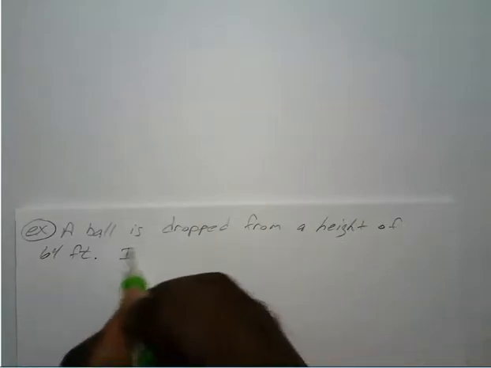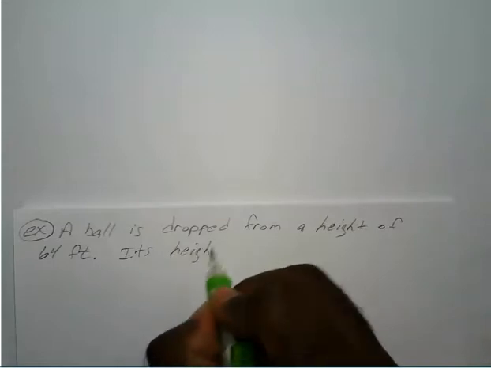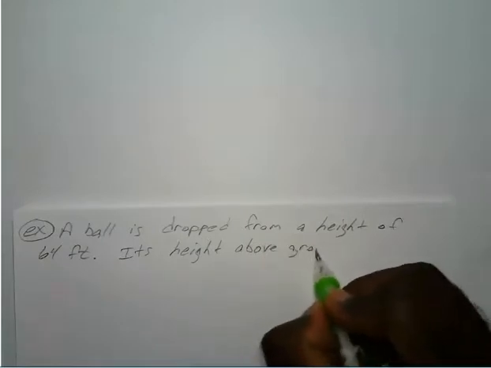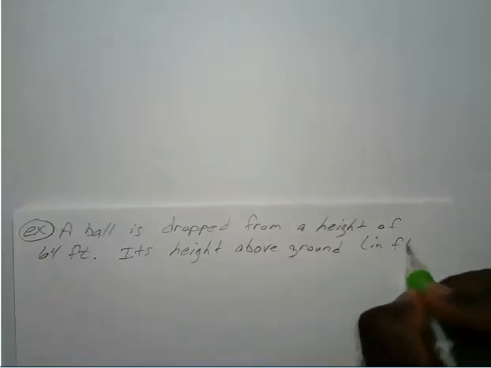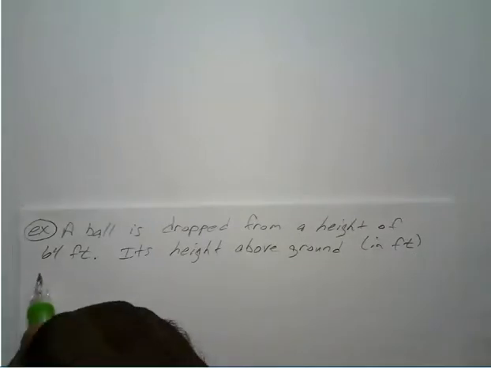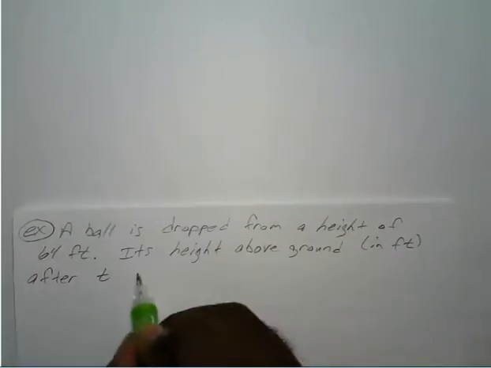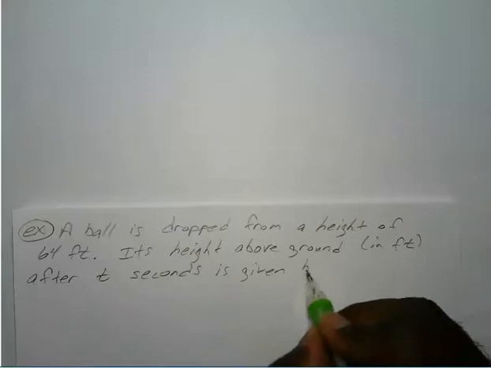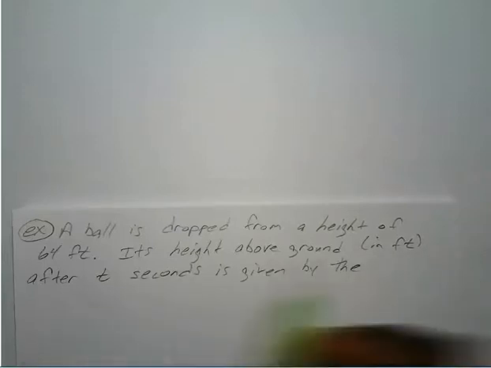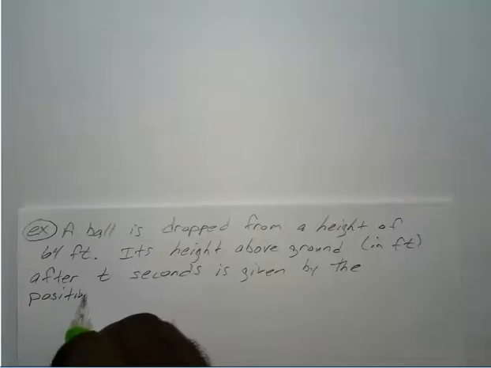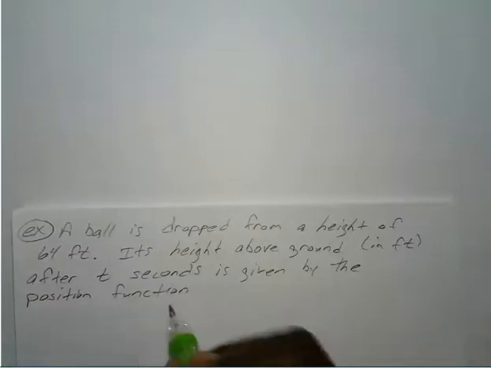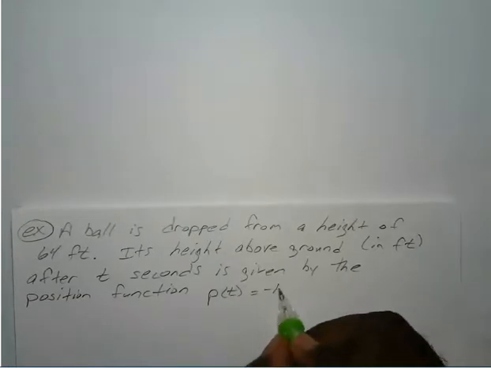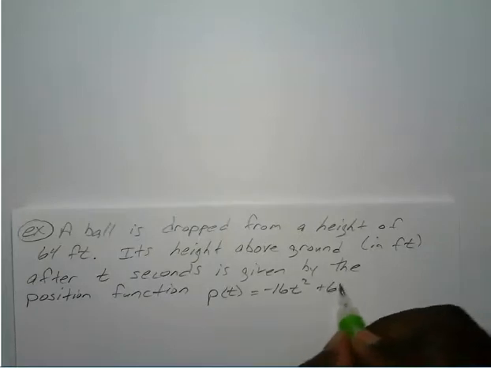Okay, so its height above ground, also represented in feet, after t seconds is given by the position function p of t is equal to negative 16 t squared plus 64.